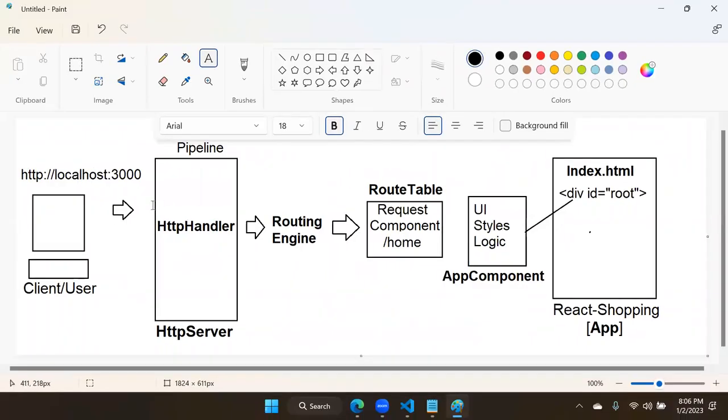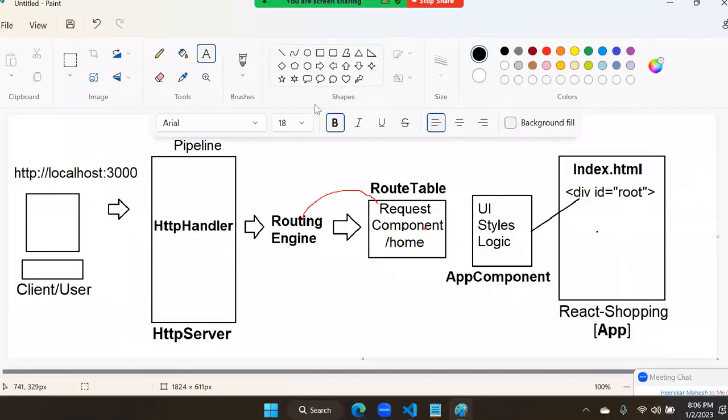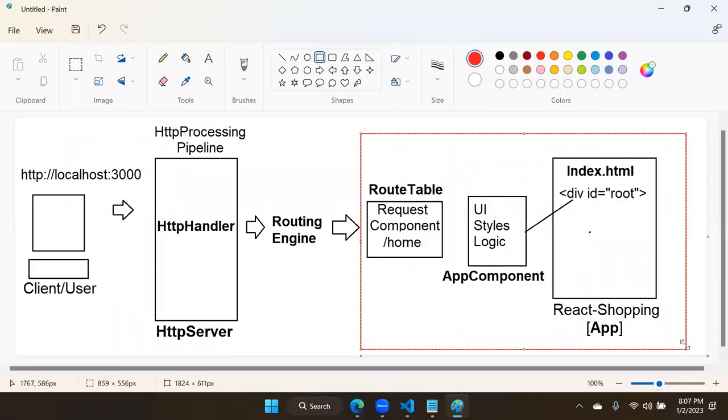Now, when the user makes a request, the request will come to the server. The server sends that request to the routing engine. The routing engine will verify whether the requested path is available in this app. This is up to our application. Understood?